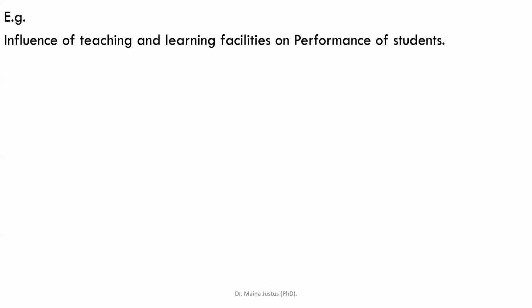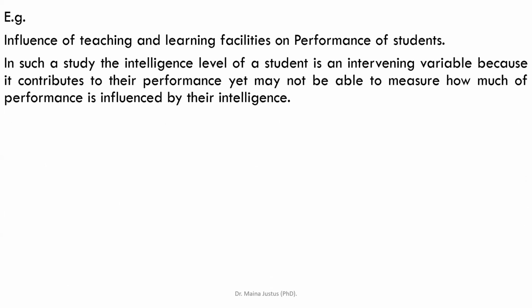Teaching and learning facilities is the independent variable. And then we introduce something like intelligence. Once we bring the intelligence level, it affects the performance. But you cannot measure exactly how much; we cannot infer its effect. So this is just a mediating or an intervening variable.